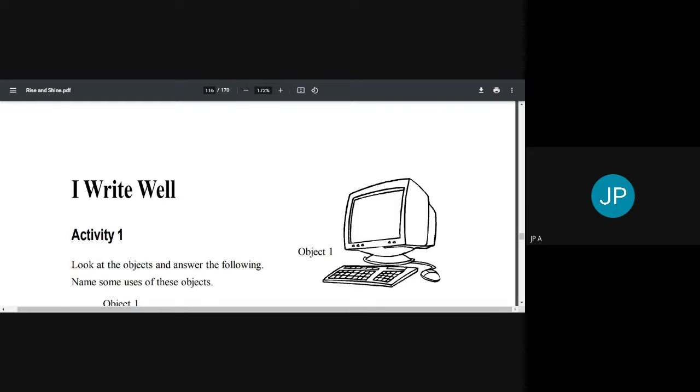It has a CPU. Yes, a keyboard, a mouse, etc. A lot of things. So it has a keyboard, mouse. That's right.